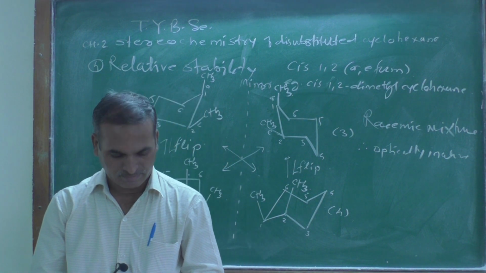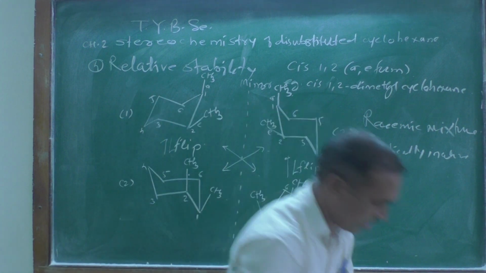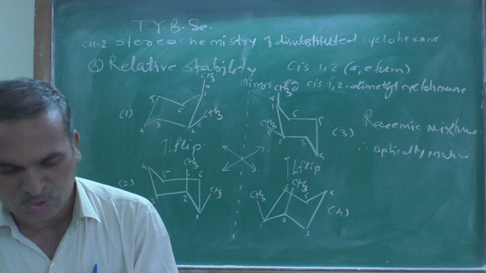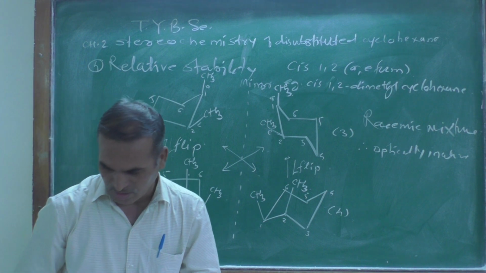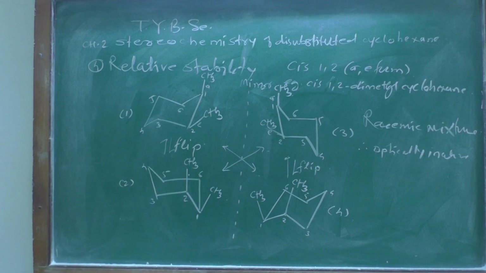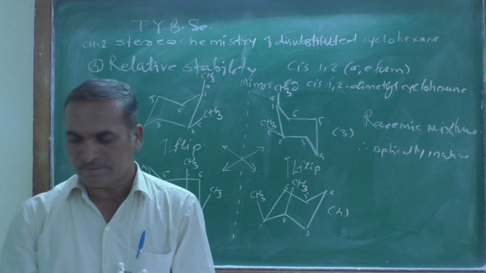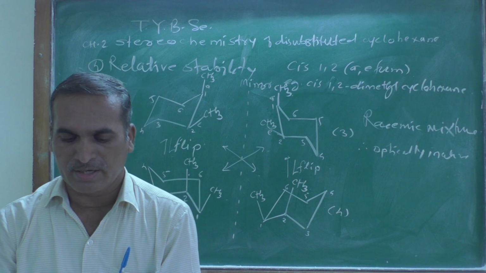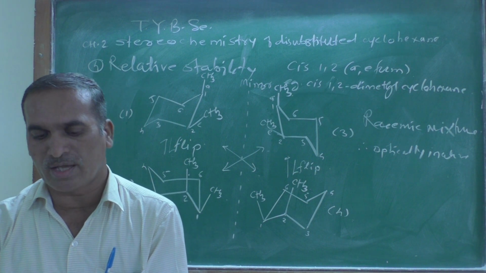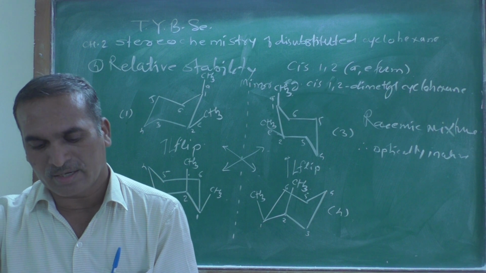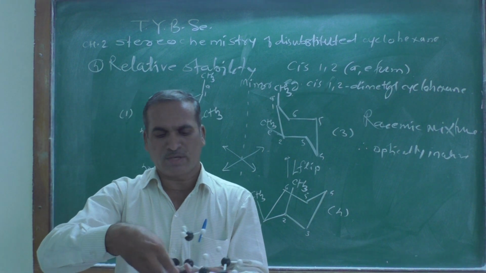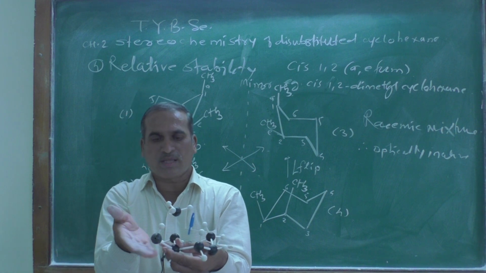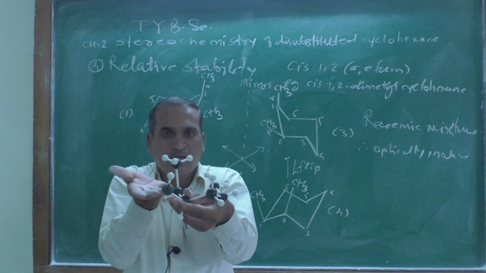This model is very flexible. So this is an axial position, and the other methyl group you consider here is at equatorial position. But looking at the model, both this methyl group and that methyl group are above the plane.